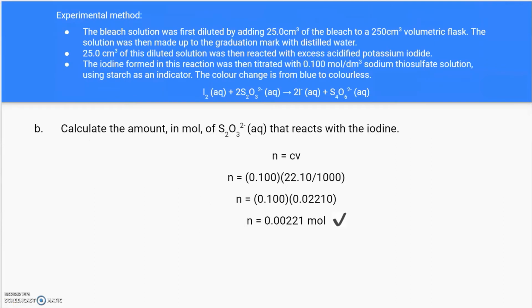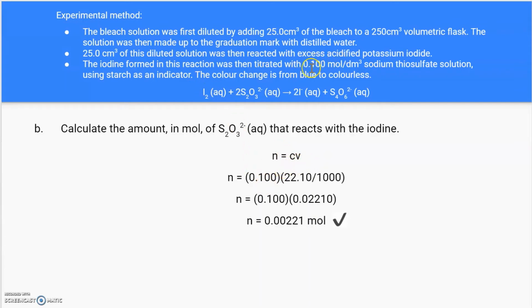Now let's get to part B, as we've already finished part A. Part B asks us to calculate the amount of thiosulfate that reacts with the iodine. Now for this, we're going to use one of our most essential equations, which is moles equals concentration times volume.